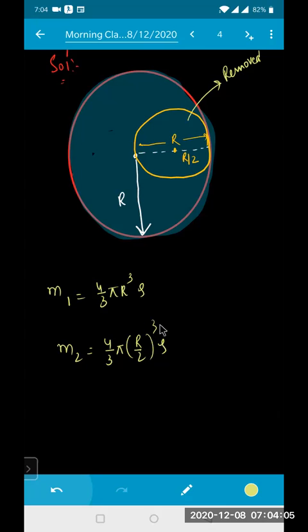This will become R cube by 8. So this one is 4/3 pi into R cube by 8 into rho.